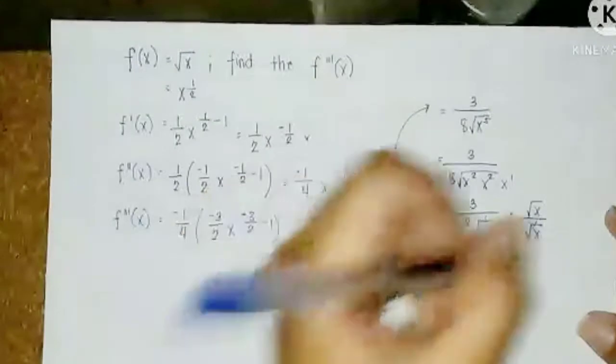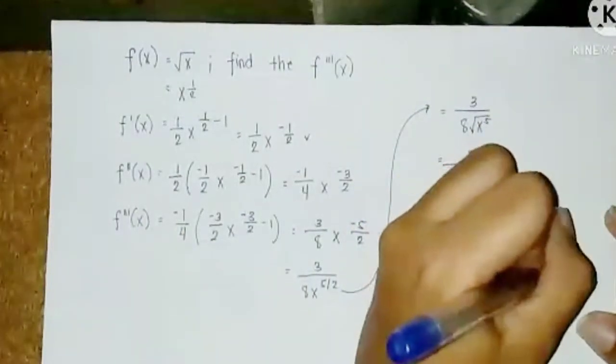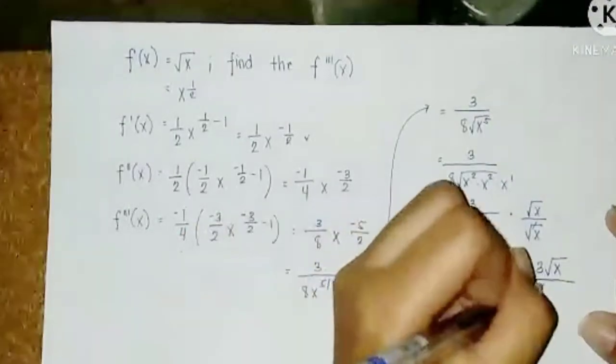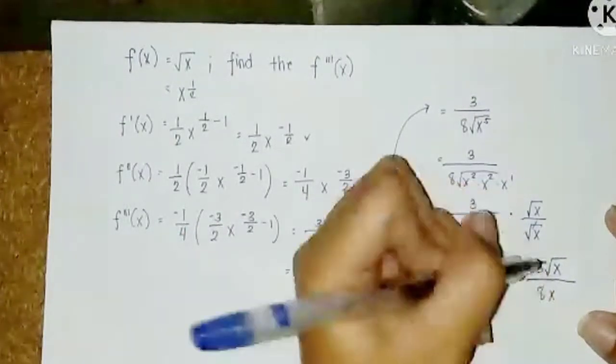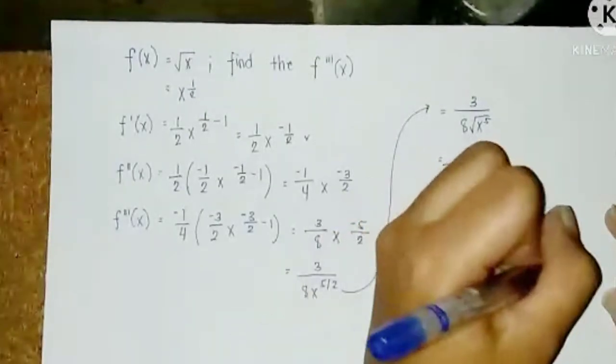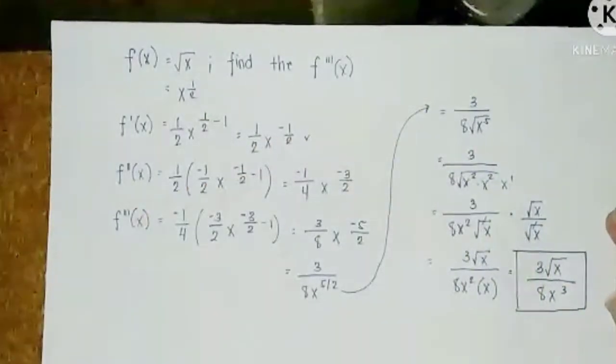So we come up with the answer 3 square root of x over 8x cubed. That will be our answer.